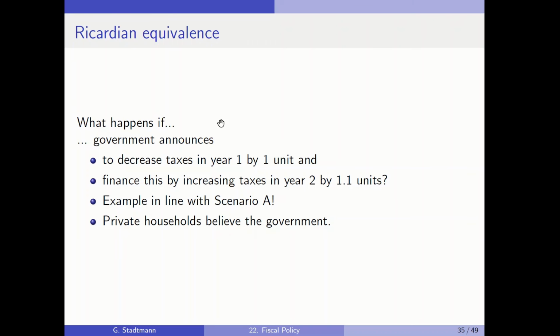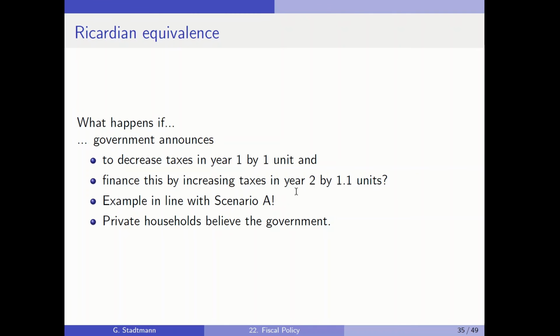Let's assume that the government announces this kind of policy. So the government is decreasing taxes in year 1 and is increasing taxes in year 2. Let's furthermore assume that private households believe the government. So they believe in the announcement and they believe that the government will stick to its words.